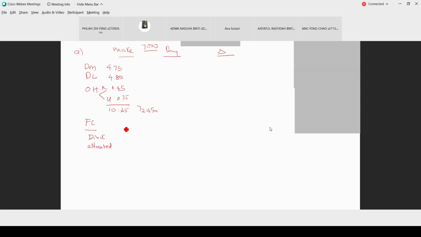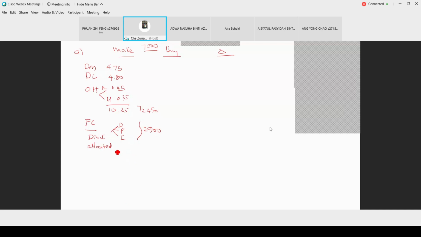So direct is berapa? You ambil total lah. Kalau you nak buat satu-satu pun tak ada masalah. You take depreciation, property tax, insurance. Okay, ada 3 kan? So you tulis, you akan dapat total dia 2,900.